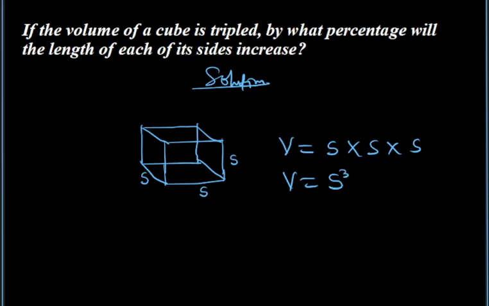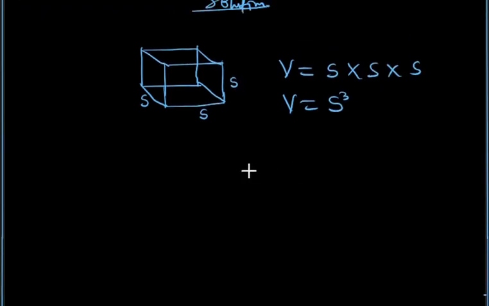Right, now if the volume is tripled, let's say 3 times V, now each of these sides will also increase by some certain percentage.